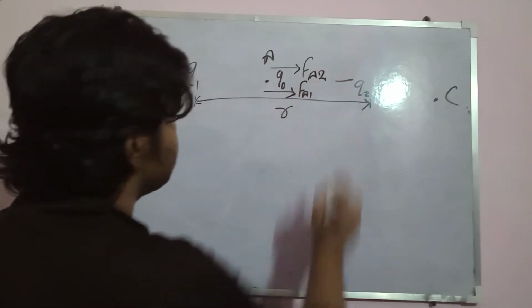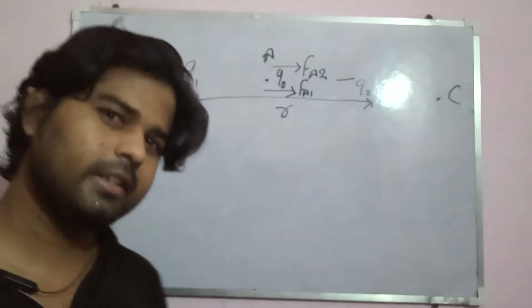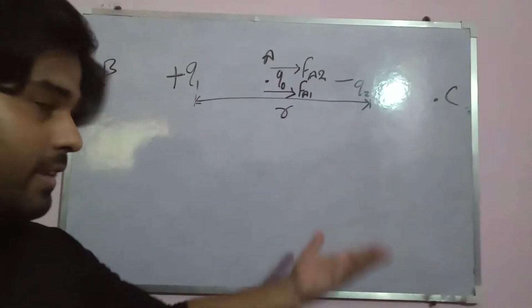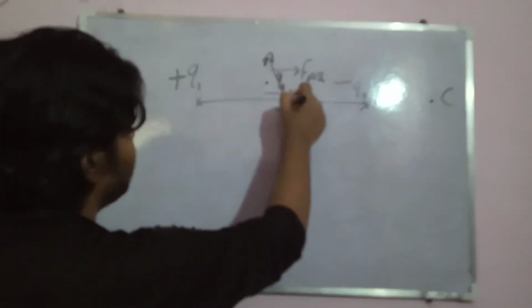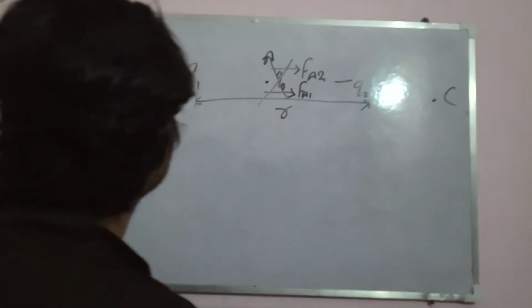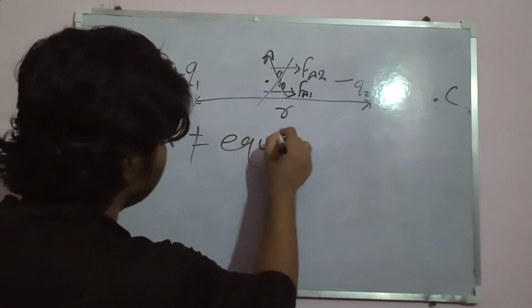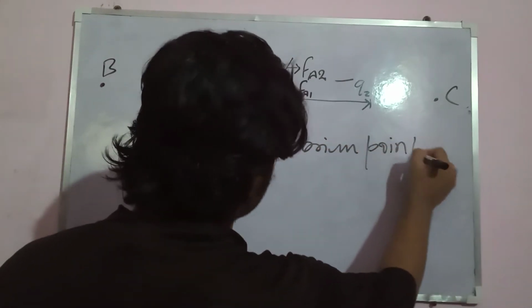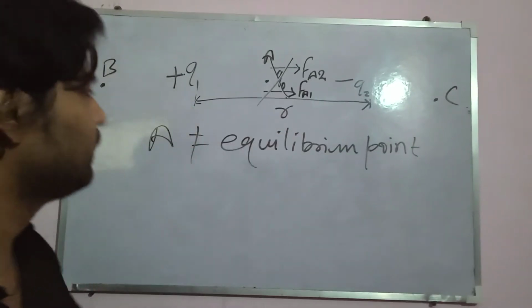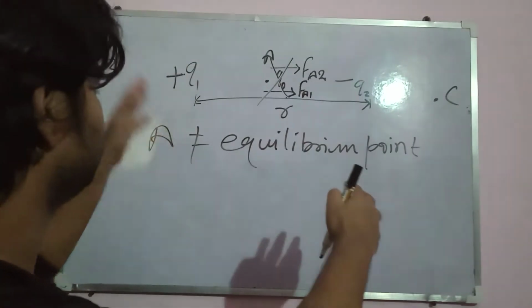So can FA2 and FA1 cancel each other? No, they will not cancel each other because they are directed along the same line. So A is not an equilibrium point. This concludes that we don't get any equilibrium point in between charges Q1 and Q2.